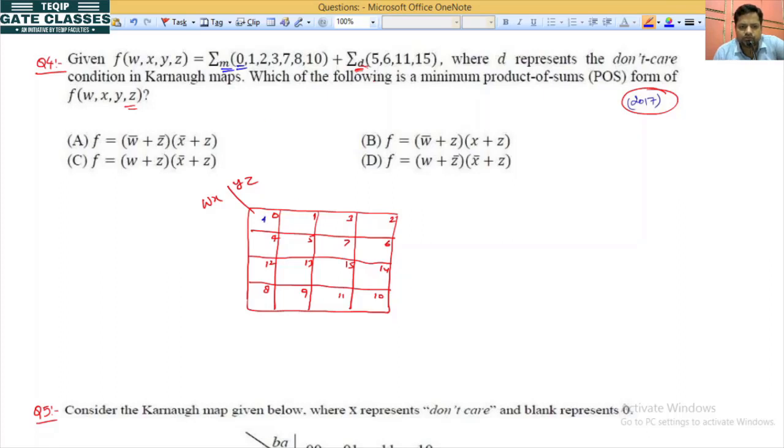At 1 it is 1, at 2 it is 1, 3 is 1, at 7 it is 1, at 8 it is 1, at 10 it is 1. And what are the don't cares? 5, 6, 11 and 15. So 5 is don't care, 6 is don't care, 11 is don't care, and 15 is also a don't care. Okay?